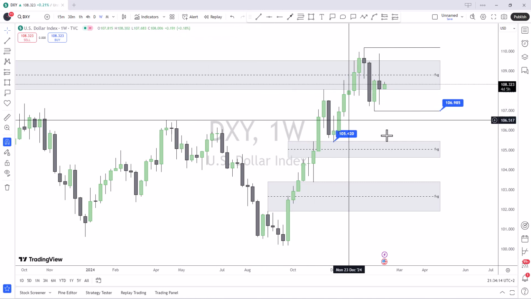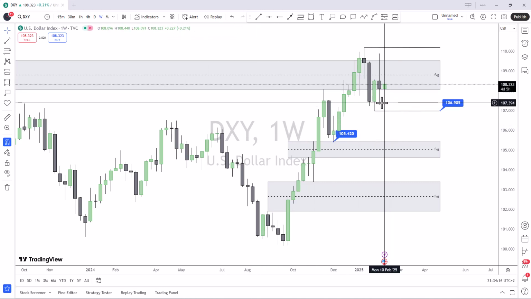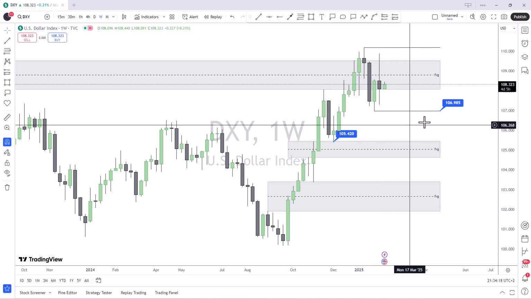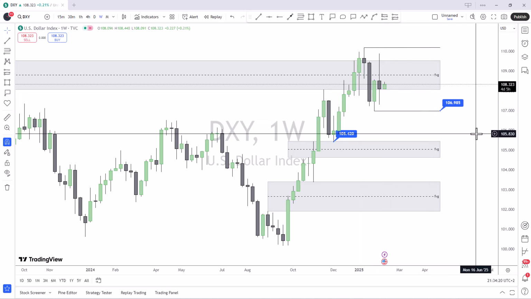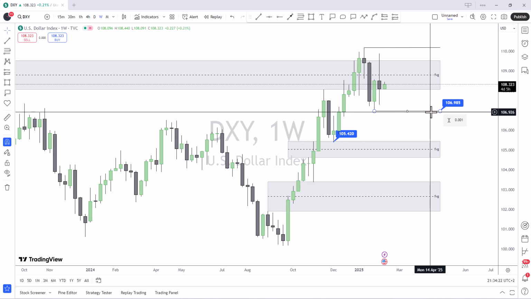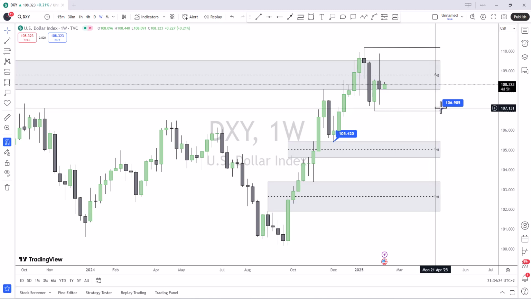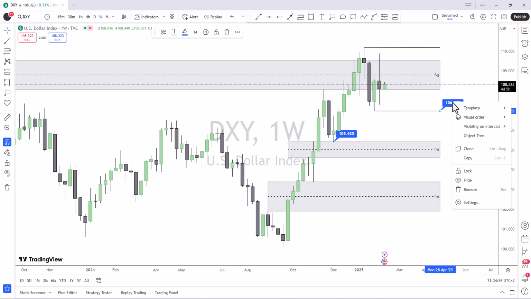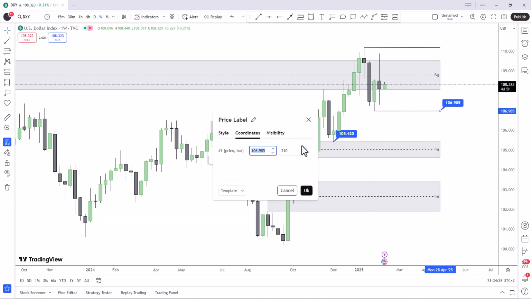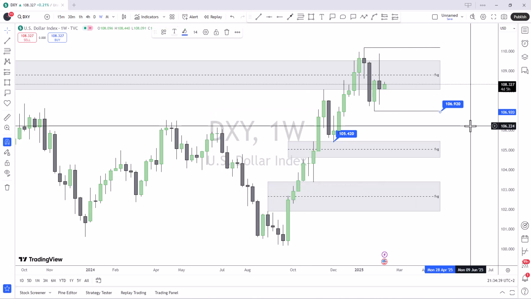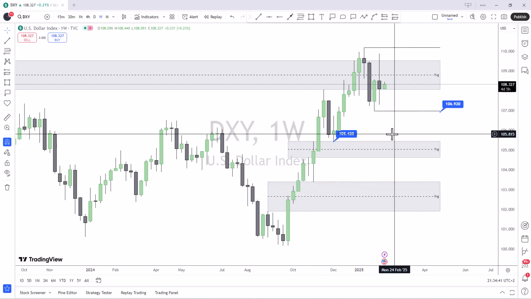But that's like a 2 weeks, 3 weeks target. For this week, I think 106.92. Let me just mark that properly. 106.92. That's my target for shorting opportunities.